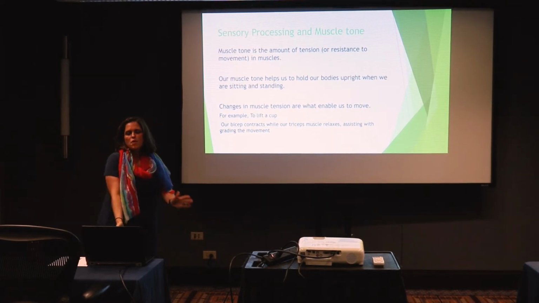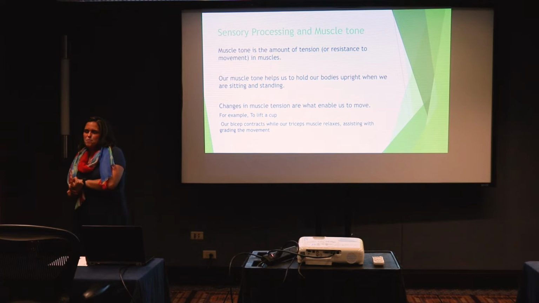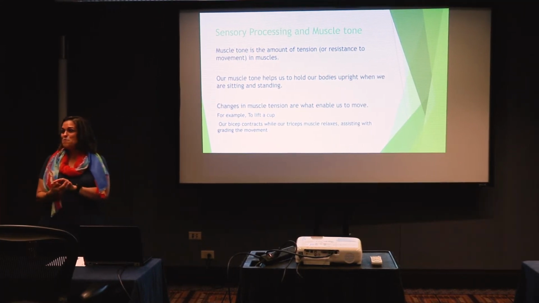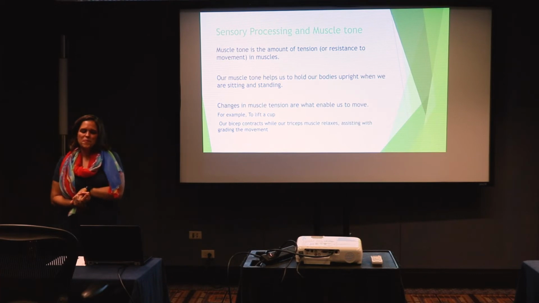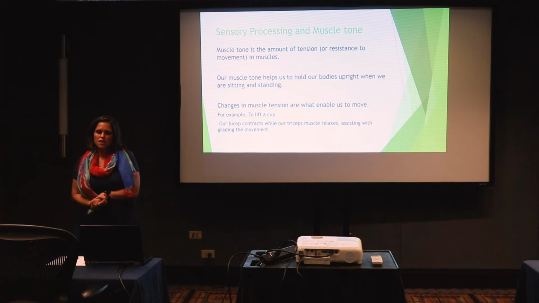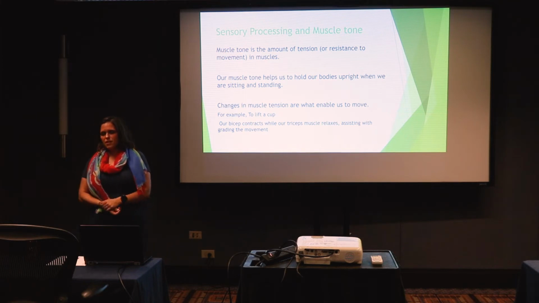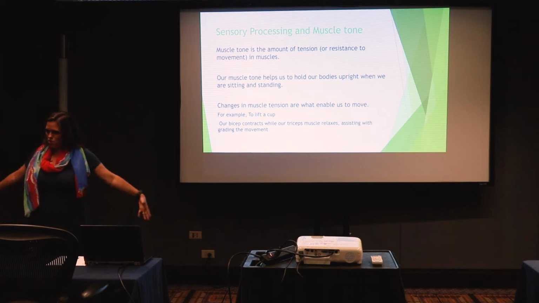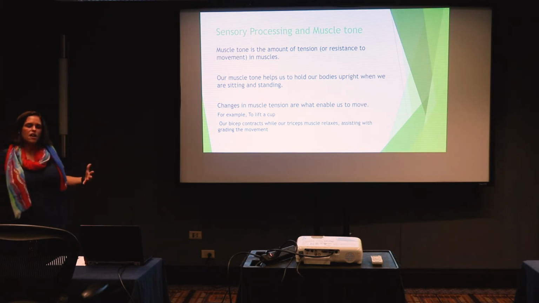But I want to talk about sensory processing and muscle tone. GRIN2B, we know, hypotonia. So muscle tone is the amount of tension or resistance to movement in muscles. Our muscle tone is what keeps us up. Our skeleton would just fall. Our muscle tone is what keeps us up and active.